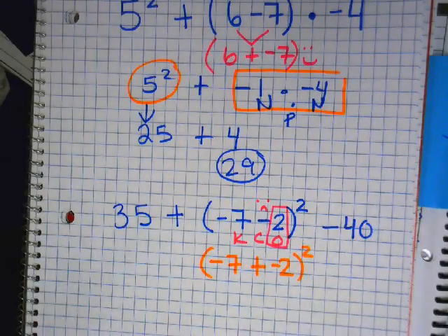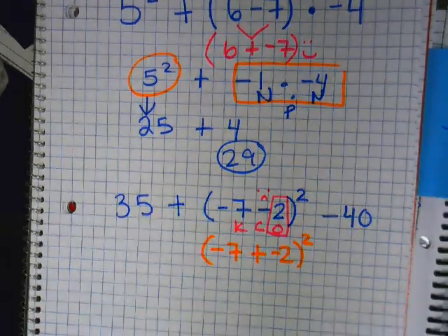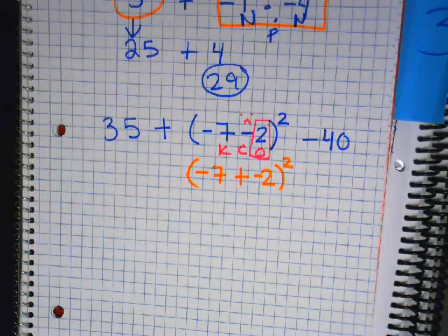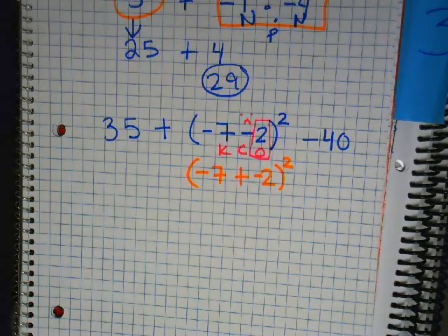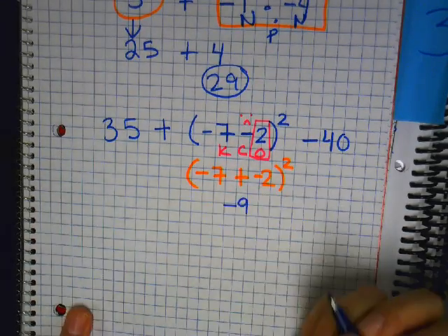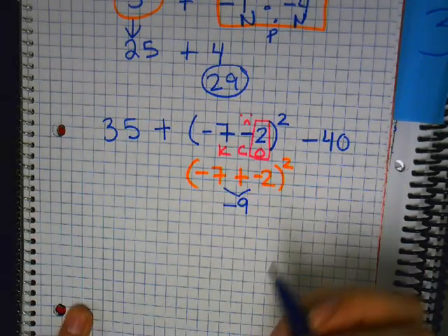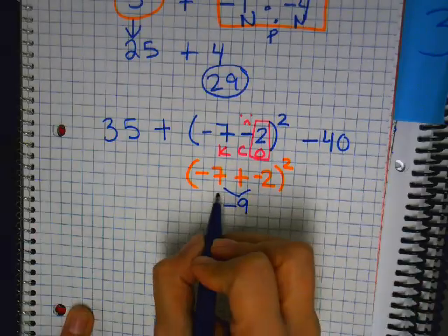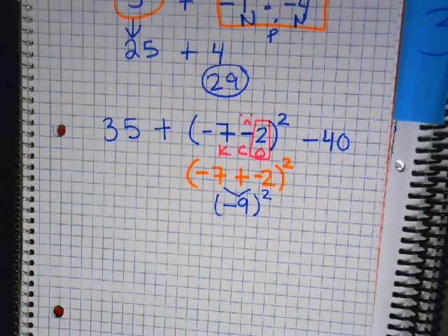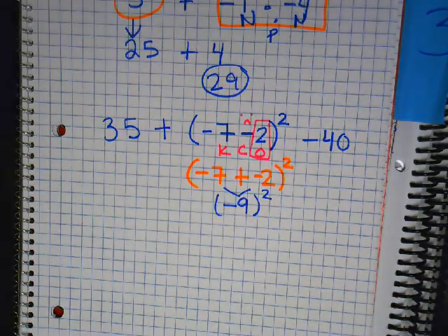All right, how do I rewrite it? Squared. So what's negative 7 plus negative 2? Negative 9. This gives you negative 9. But there's a square on it. So what does that mean?